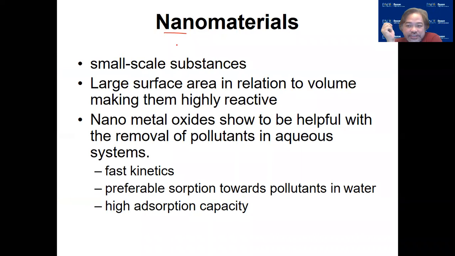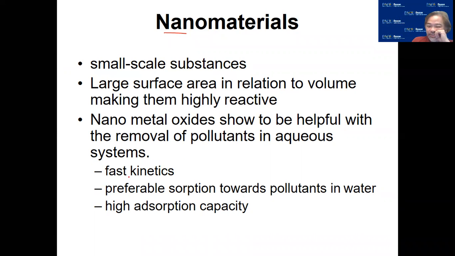Okay, so since it has a very small range in terms of the size, it can lead to a large surface area in relation to the volume, making them highly reactive.